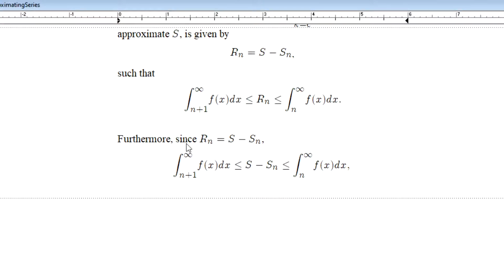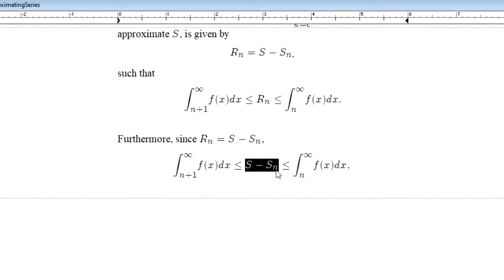Furthermore, since r sub n is equal to s minus s sub n, the value of r sub n in our inequality can be replaced with s minus s sub n.